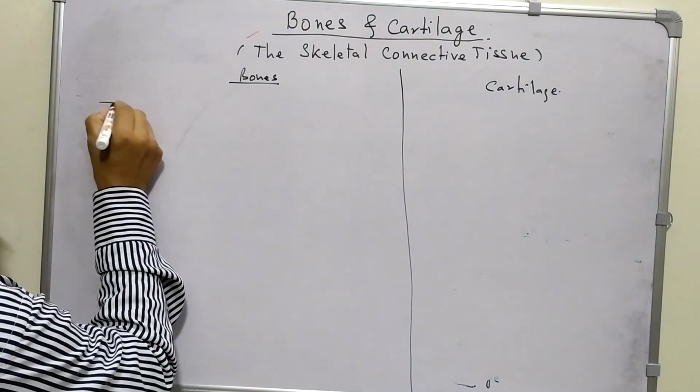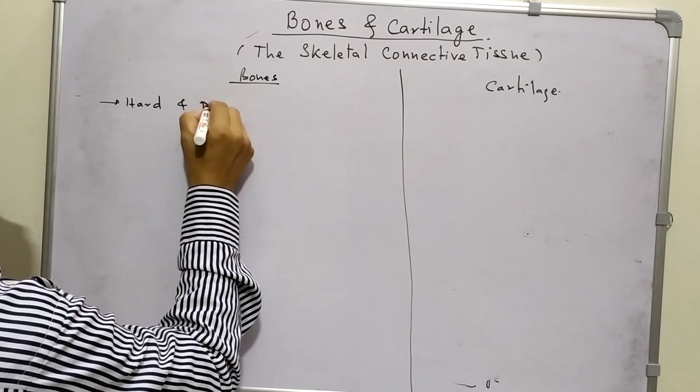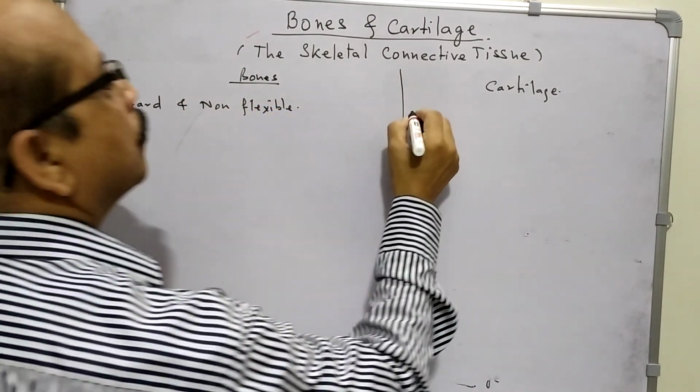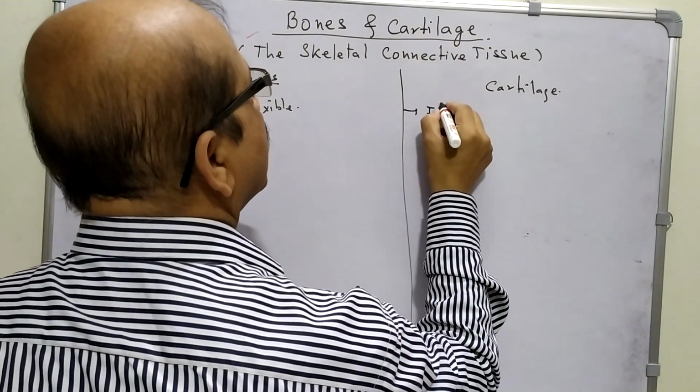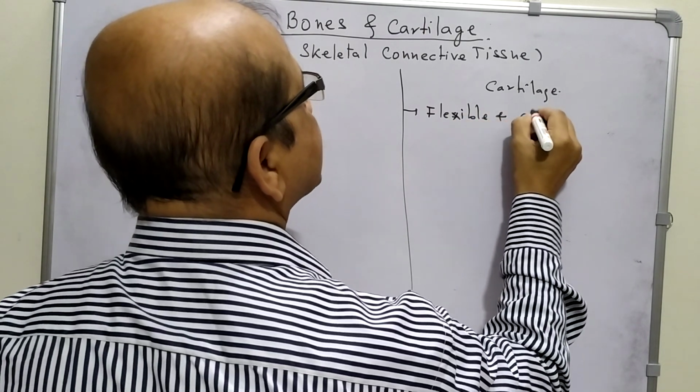Bones are hard and non-flexible, while cartilage is flexible and elastic in nature.